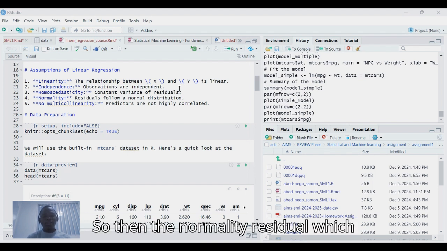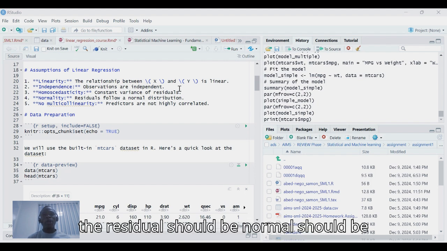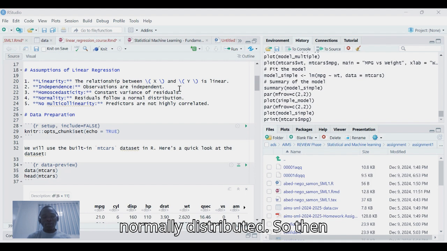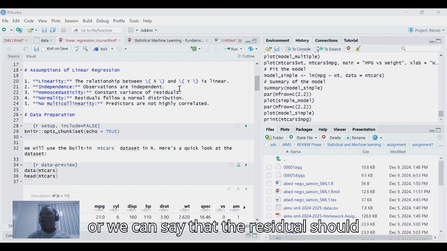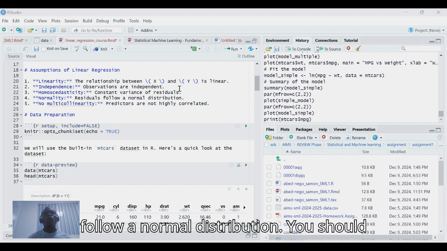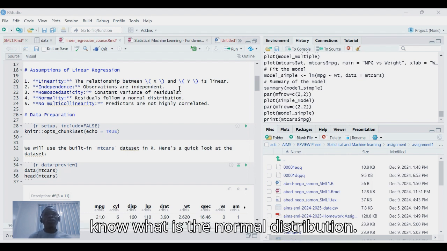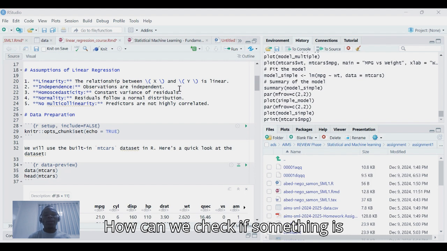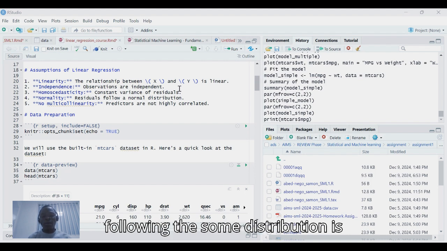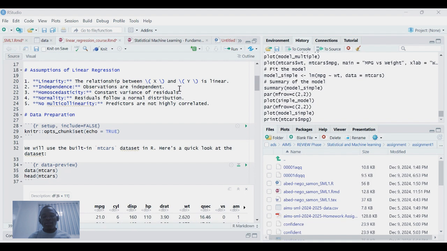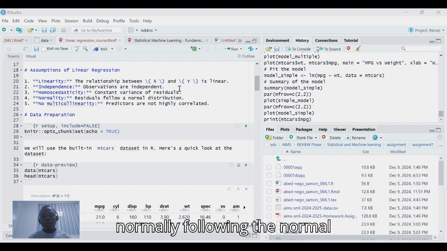Then the fourth assumption is normality of residuals: the residuals should follow a normal distribution. You should know what a normal distribution is. How can we check if something follows a normal distribution?